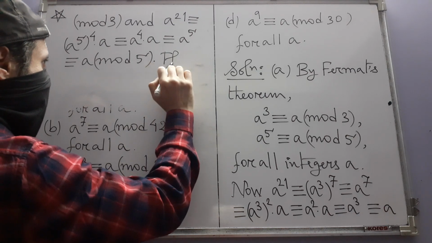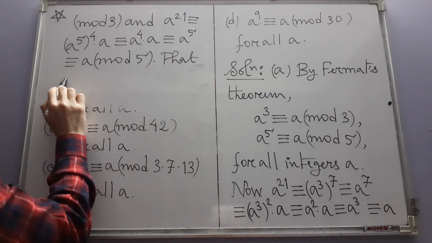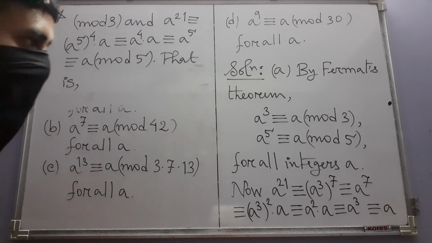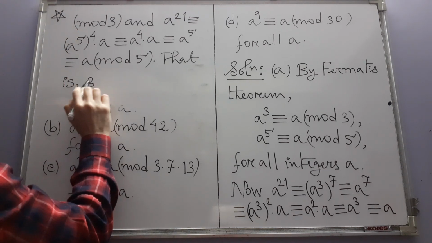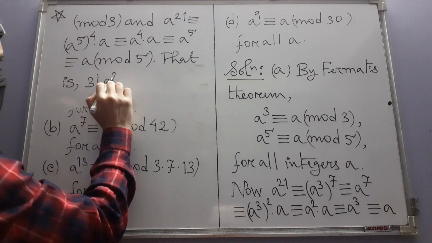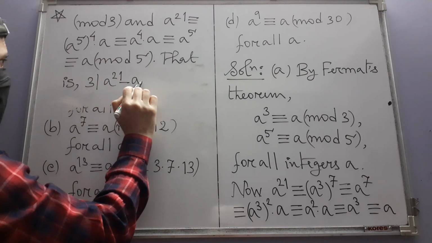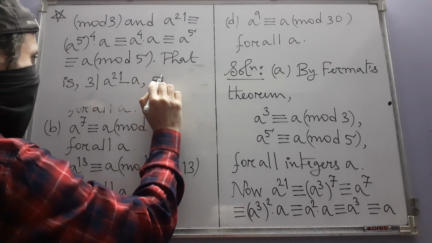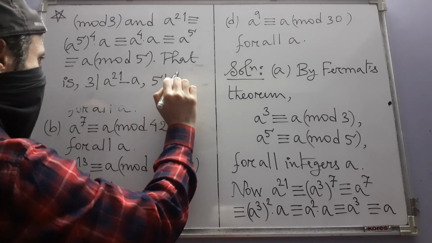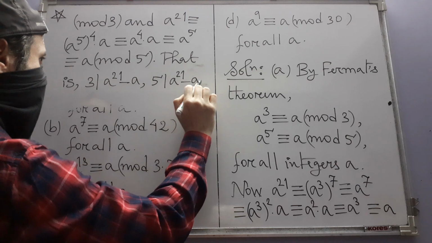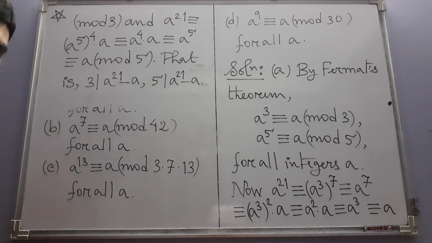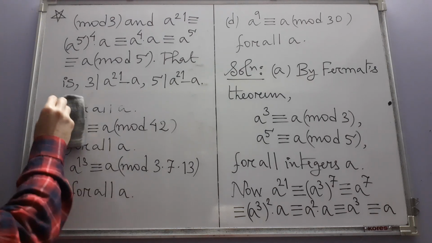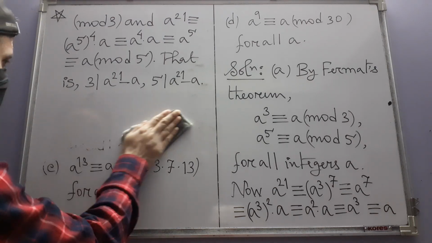That is, if you write these congruences as divisibility relations, you then get these 2 things. 3 divides a to the power 21 minus a, and so does 5. Now 3 and 5 are relatively prime, so their product also divides a to the power 21 minus a.